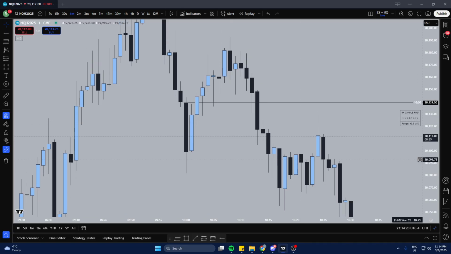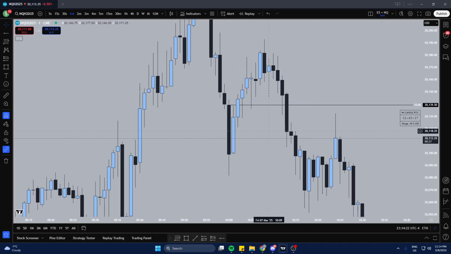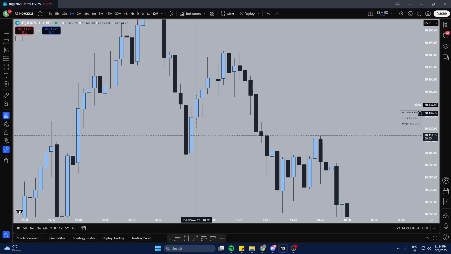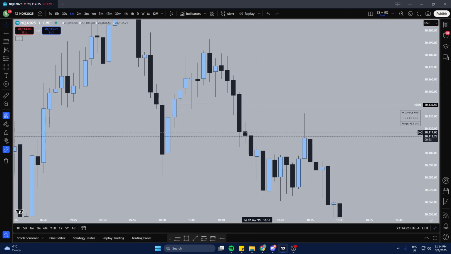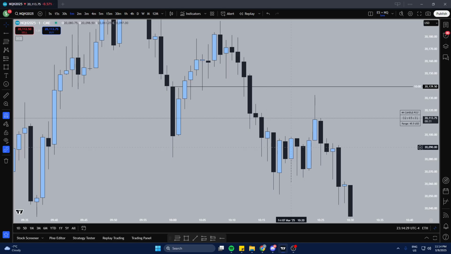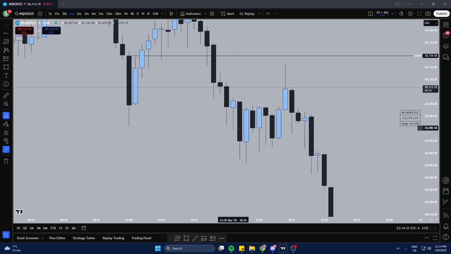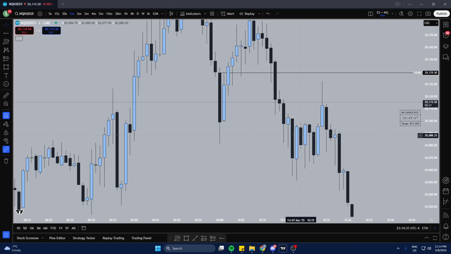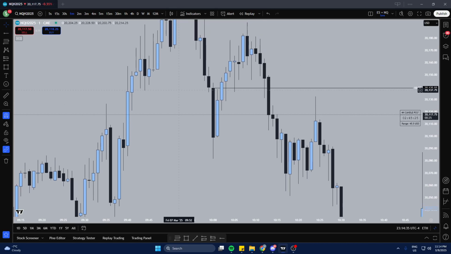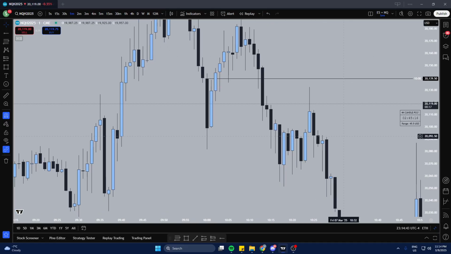So usually at 10 a.m. that's when the strategy plays out. There's going to be an accumulation, which we actually see over here. It usually happens either during 10, shortly after 10, or within 30 minutes.